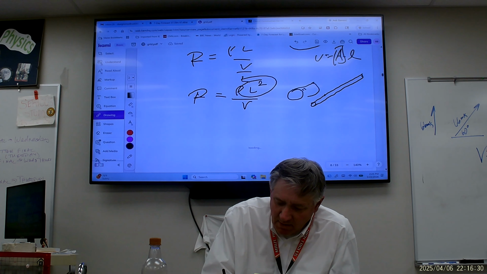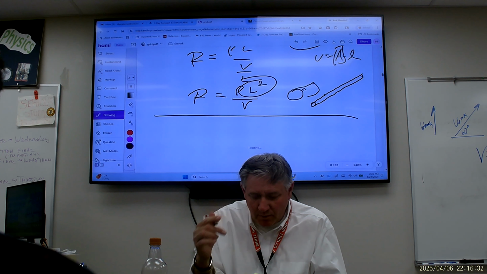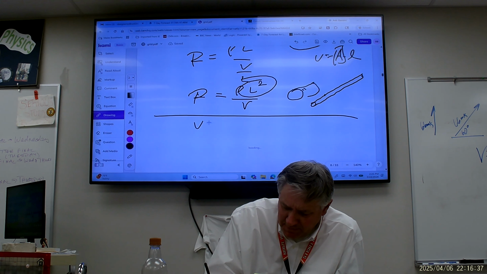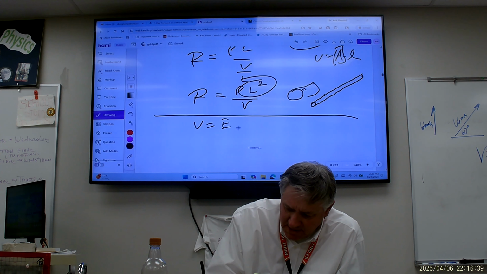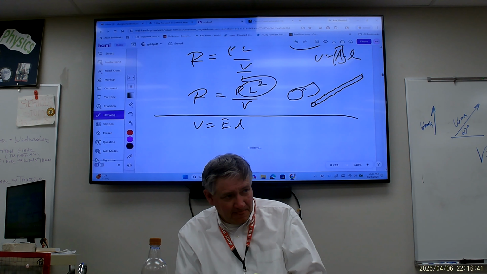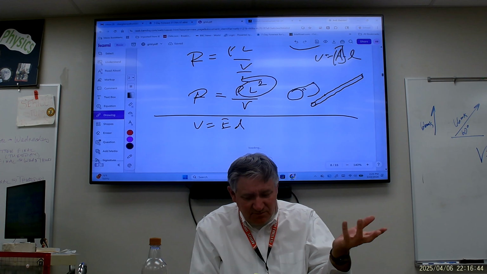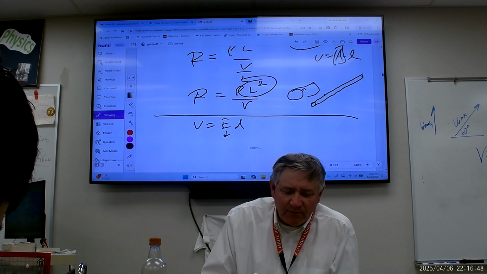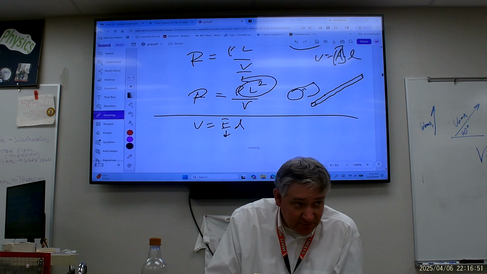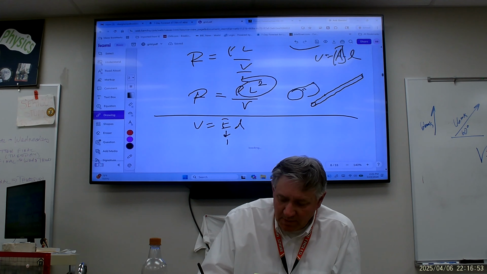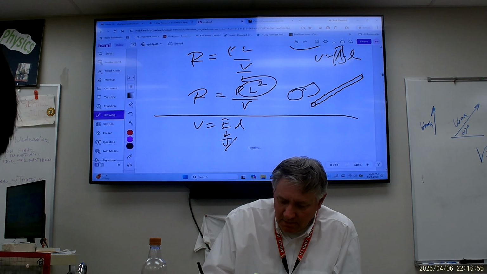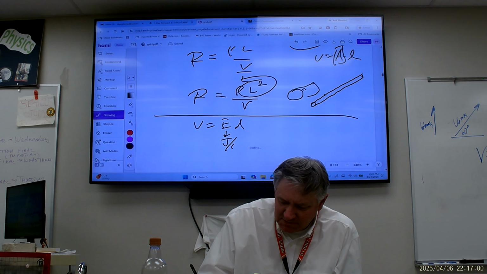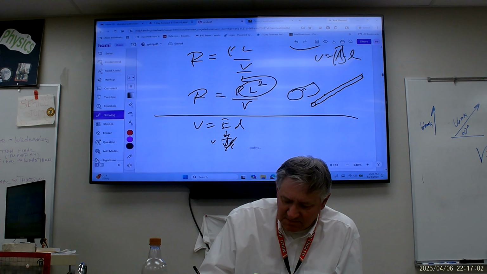Don't forget, also, this is going to be important on one of your questions. Your book does it a little bit weird, but remember that voltage equals E times d. It has it as radius. The units for the electric field are joules per coulomb, or you can also do that as volts per meter.